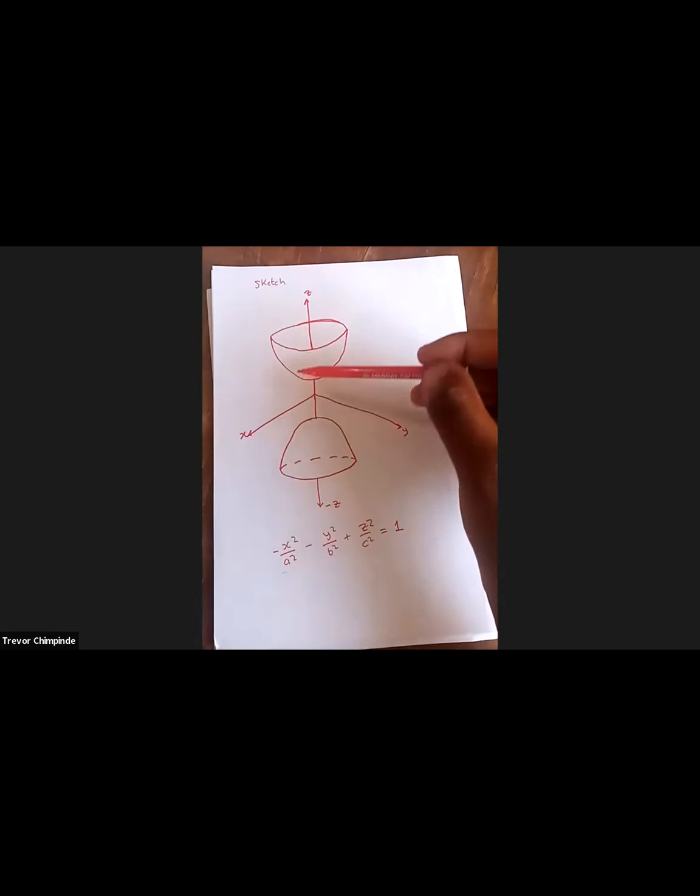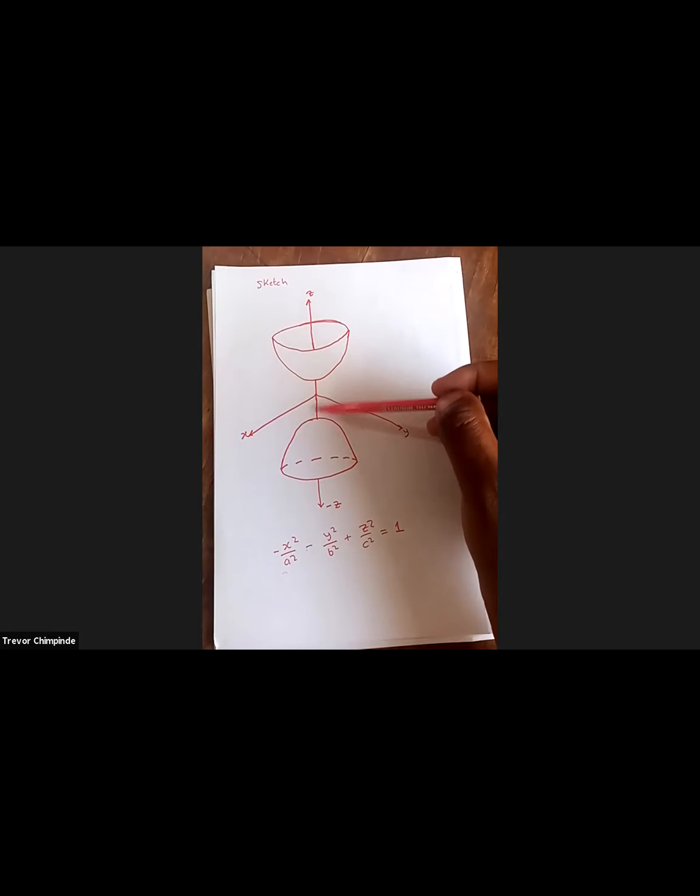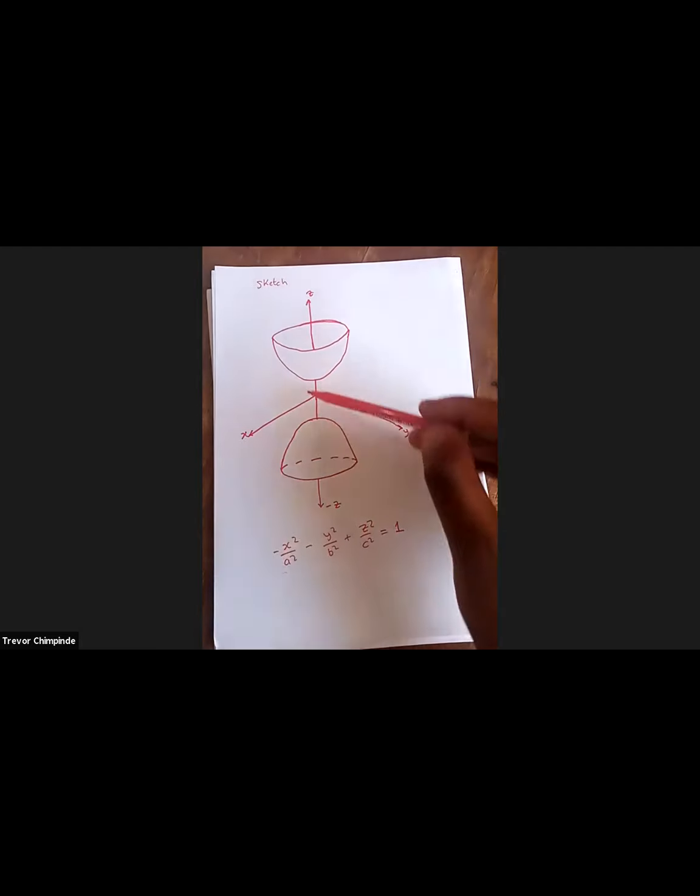No. From the equation, you can see why. Because when z is equal to 0, what you get is that these variables minus, they're all squared, so they are positive, is equal to 1. This is not possible, because what you have on the left-hand side will be less than 0, right-hand side is 1. So this equation can't hold. So that's the reason you've got this gap. For all values of z which make this equation impossible, there's this gap.